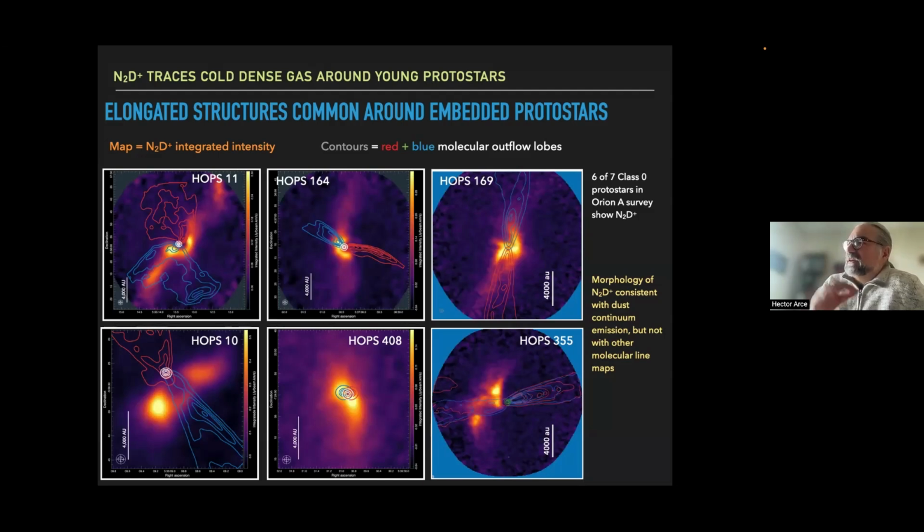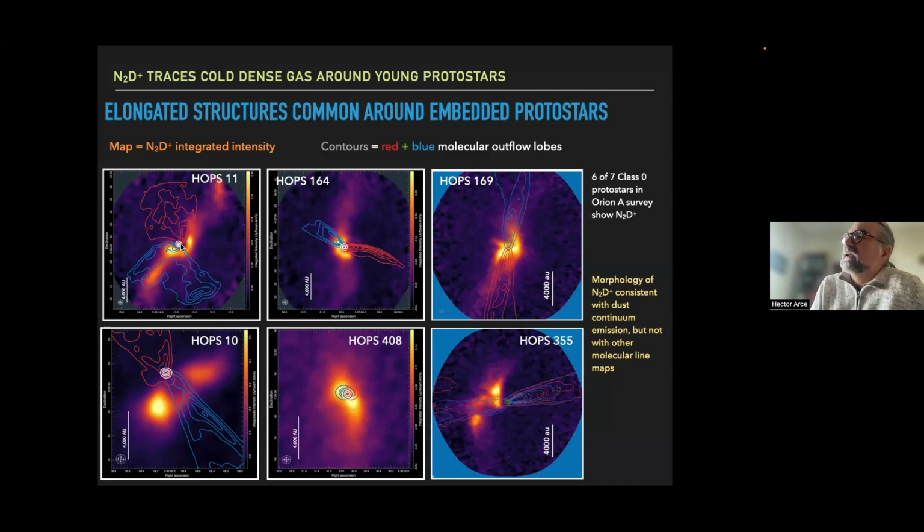These are protostars at different evolutionary stages, and among the youngest, most embedded and obscured protostars, the Class 0 sources, we noticed that N2H+ was probing very filamentary structures around the protostars. Six out of the 7 Class 0 protostars in that survey showed N2H+ emission, and all of them showed this kind of elongated structure.